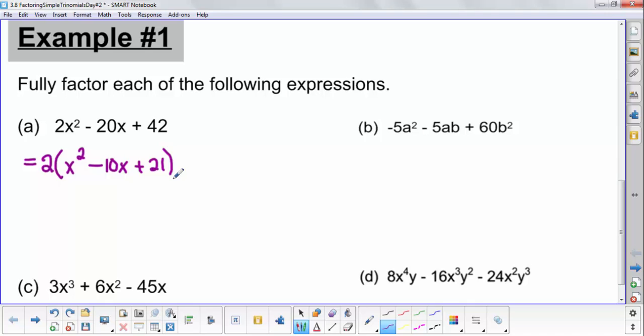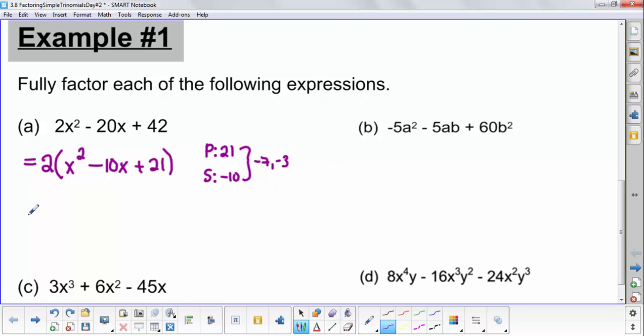What remains inside the bracket is a simple trinomial, because now the coefficient on the x squared term is 1. So we need to find two numbers that multiply to 21 and have a sum of negative 10. Negative 7 and negative 3 will work.